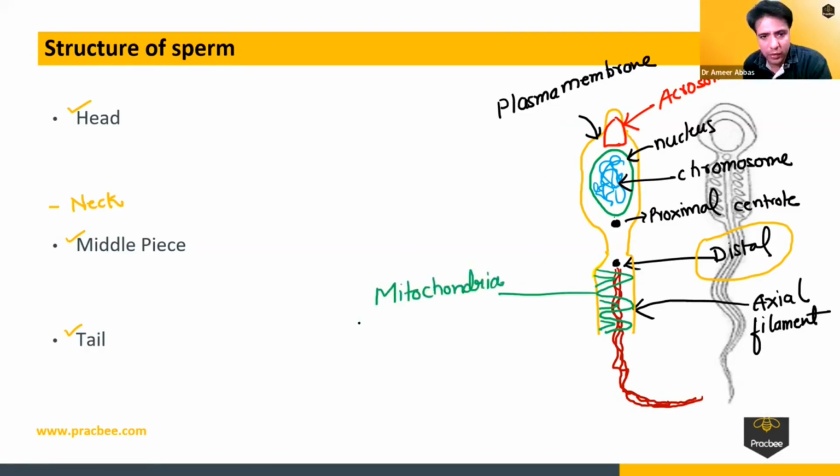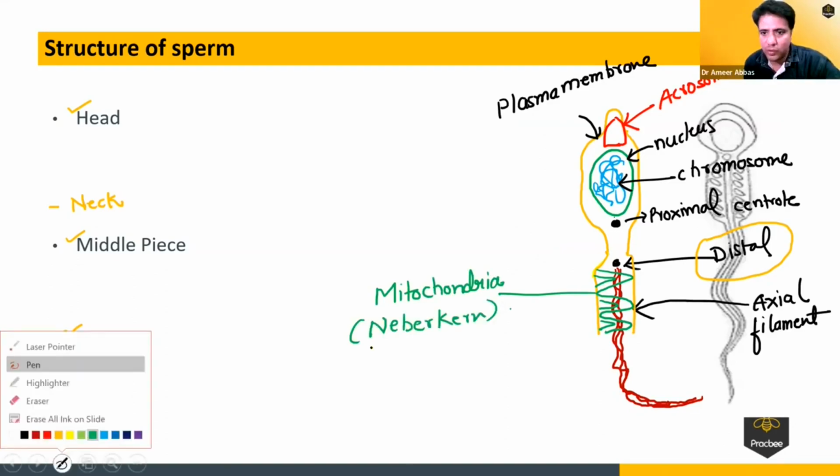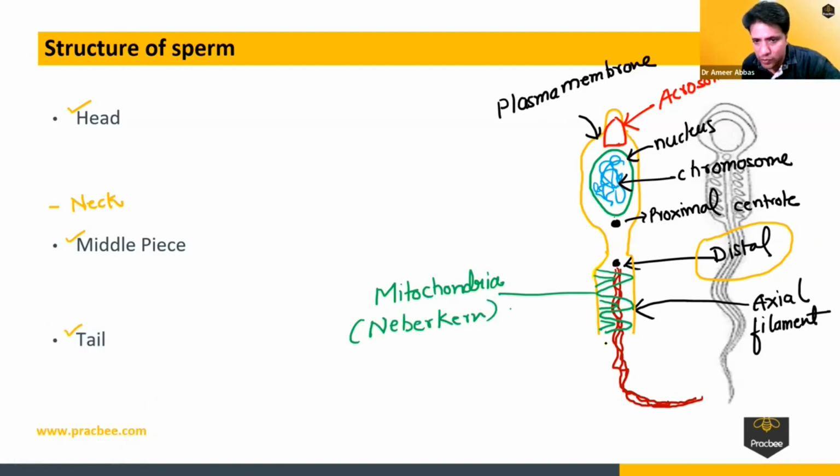And this mitochondria is also called the Nebenkern. The last portion of the sperm is the tail. Basically, it is for the movement. What is the role of mitochondria here? It provides energy for the movement.